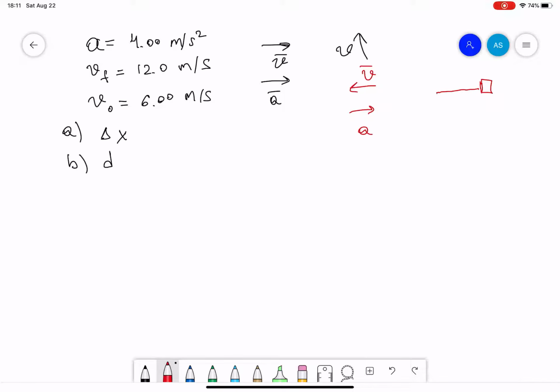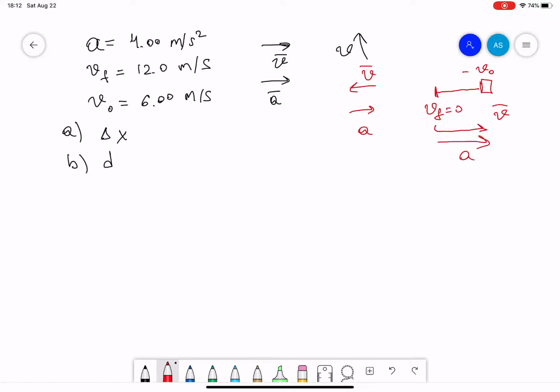At some point it will stop. Why? Because your acceleration is pointing in the opposite direction. It stops and then starts gaining velocity in the opposite direction, which is the same direction as the acceleration.